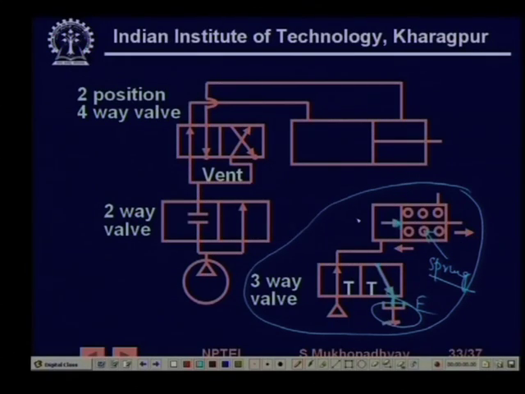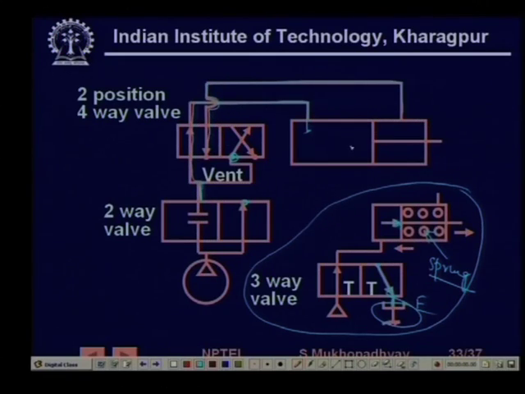Similarly, if you connect it to this position, then what happens is that the pressure gets connected here, and then when this valve is in this position, you see, so this is sealed, while the high pressure will go and the low pressure will return.